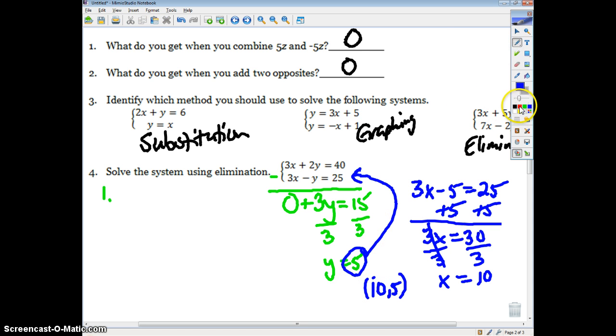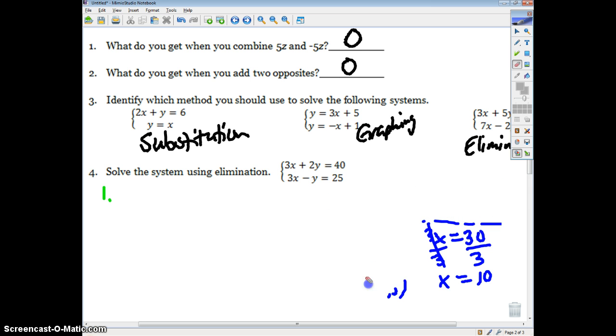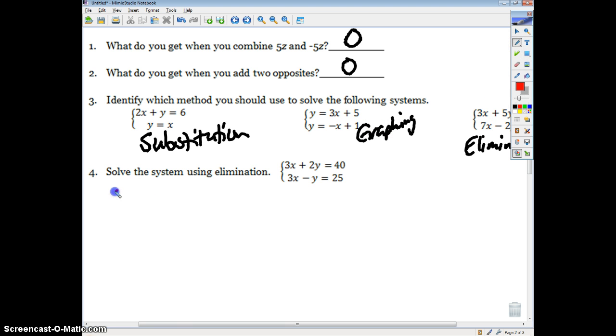Okay, as promised, I was going to do this twice. All right, now the second way, now let's suppose you didn't realize you could just subtract. So this is the second time. We know our goal is to make it so we have 2 opposite terms in the top and bottom equations. Okay? Well, if you notice, the y terms are opposite signs. We have a 2y and a minus y. Well, if somehow, some way, we can make that a negative 2y, we'd be good. Okay?